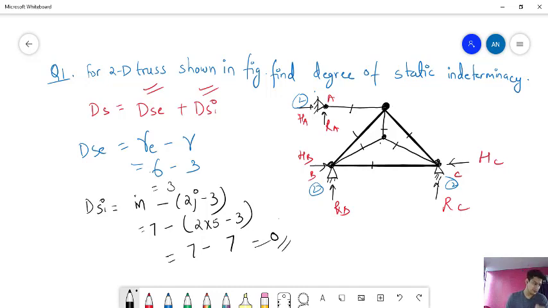that is equal to 0, so internally DSI is 0. So the overall static indeterminacy is DSE, externally 3, plus 0. The DS for this structure is 3.